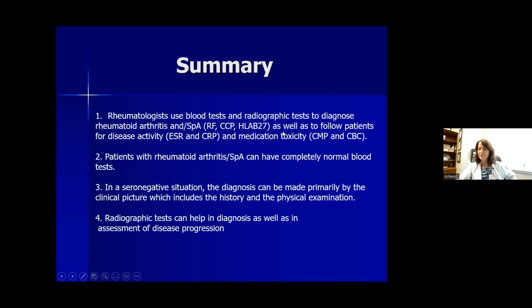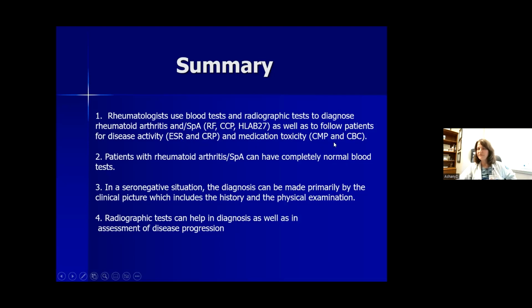And we also use lab tests to follow patients for disease activity. And that's where the sedimentation rate and the C-reactive protein came up, as well as medication toxicity. And that's where we talked about the CMP, comprehensive metabolic profile, and the CBC, the complete blood count, to look for any evidence of liver, kidney, or hematologic toxicity.